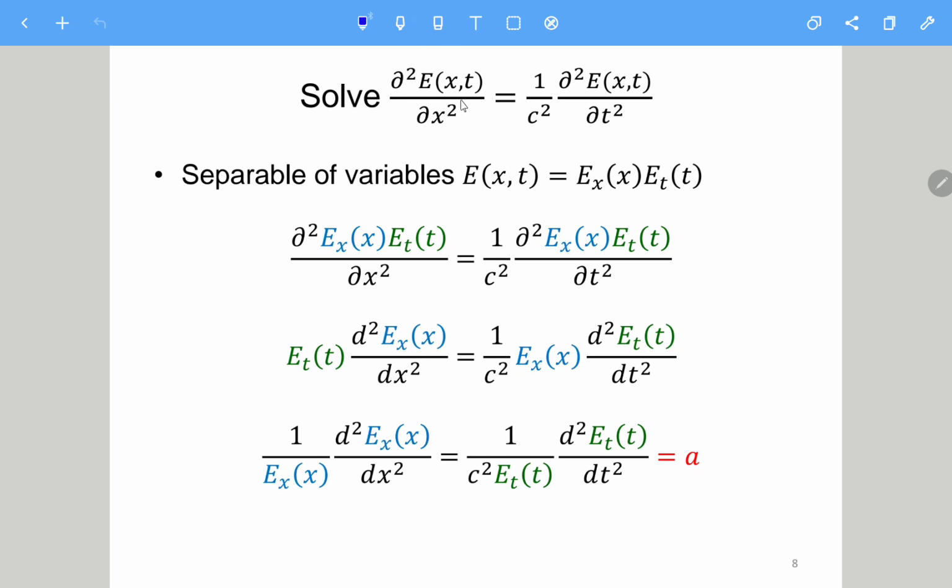So the left side is related to the change in space, and the right side is related to the E field changes with respect to time. Of course, this is the second derivative, not actually the change itself.